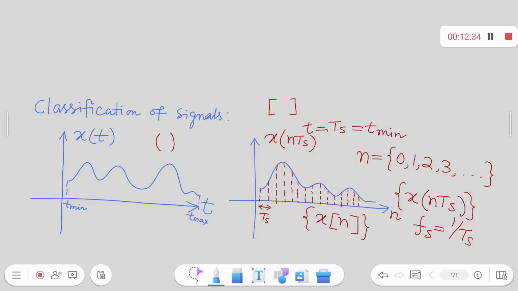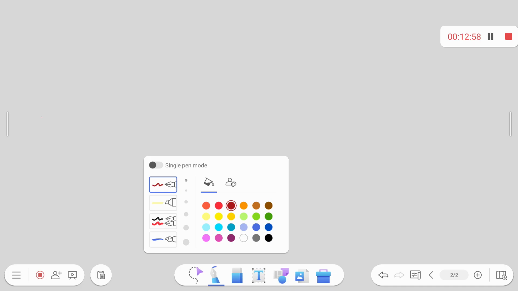Okay, fine. Now let's move to the second type of classification. Depending upon the properties of the signal, depending upon its representation, we call a signal an even signal or an odd signal.